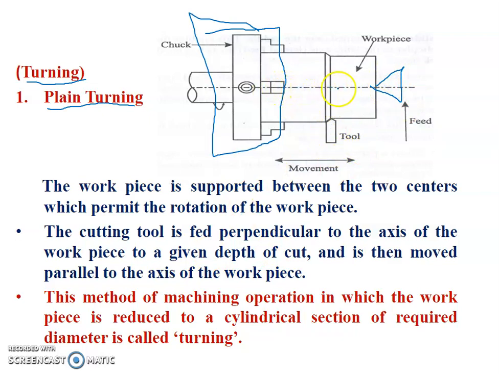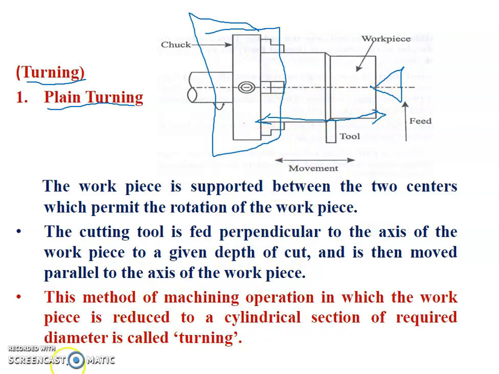The tool is fed perpendicular to the axis of the workpiece. You can observe this is the axis of the workpiece. The tool is fed perpendicular to the axis, and after that it is moved along the axis of the workpiece, so that we can cut the material and the diameter of the cylindrical workpiece can be reduced to the required diameter.